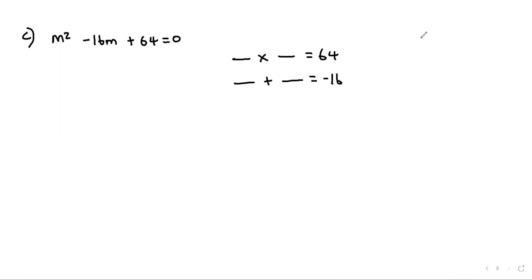Negative 8 and negative 8. Okay, negative 8 times negative 8, yes, it is 64. And negative 8 plus negative 8, I get negative 16. Very good. That's correct.